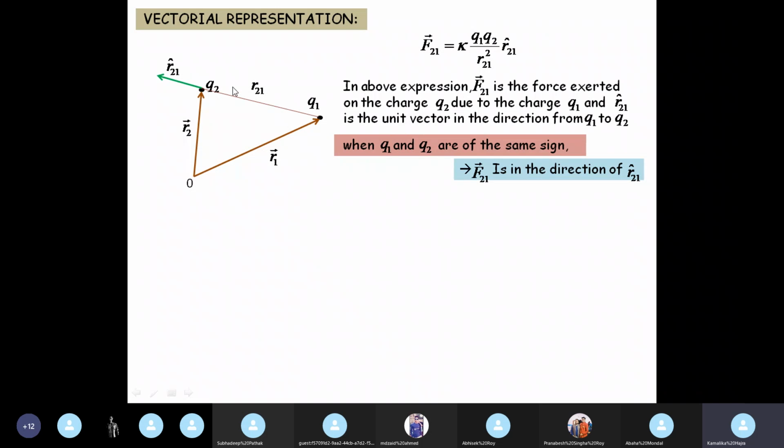So you can see from this picture, if q1 and q2 are of the same sign, then the force acts in this direction. So what does that mean? Attraction or repulsion? You should answer this.